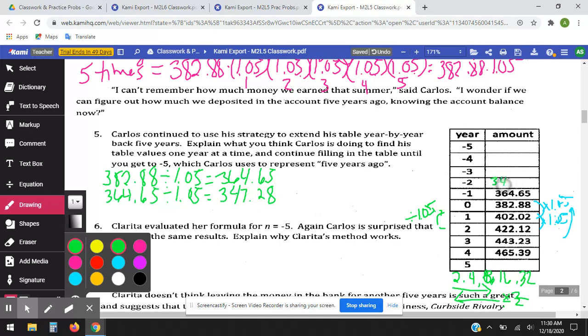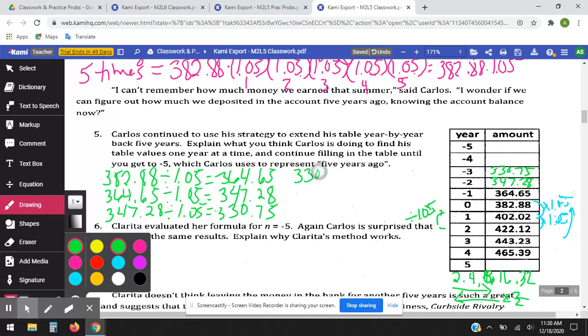347.28 divided by 1.05. That's going to get me 330.75.